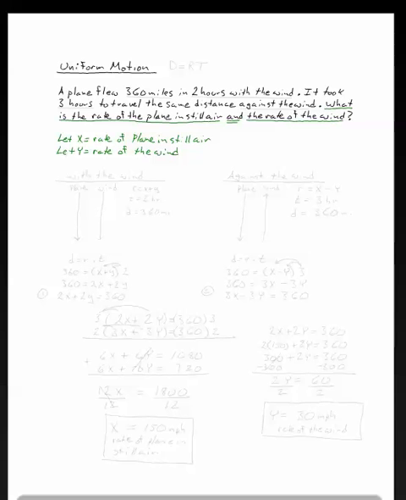Alright, so we have our variables, and with a uniform motion problem like this, we're always going to use the formula distance equals rate times time. Now let's think of our two situations first. We've got the plane flying with the wind, and then we've also got the plane flying against the wind.